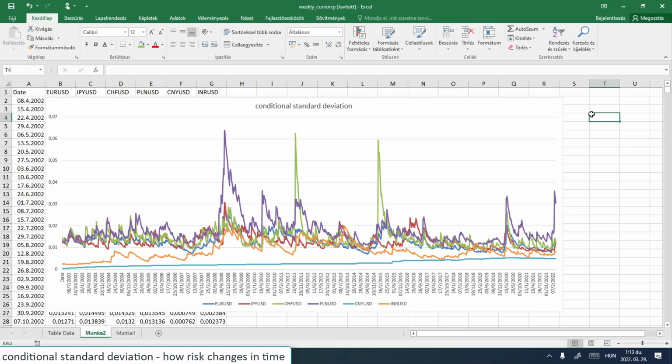So we can see that, okay, if you are using a fixed exchange rate system, then the volatility will be really smooth.